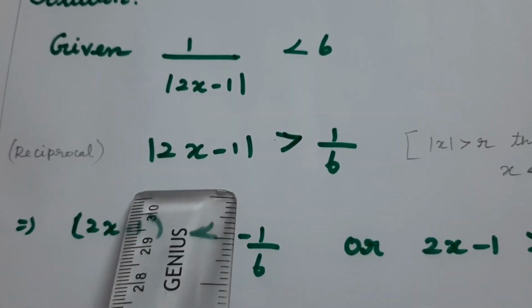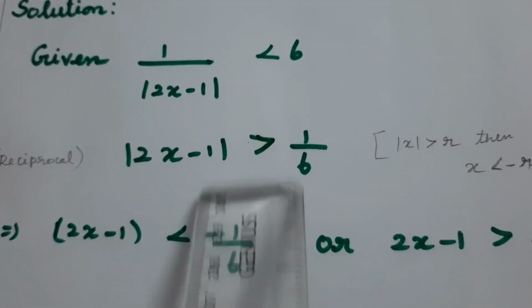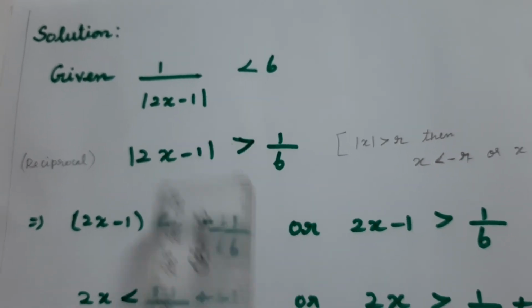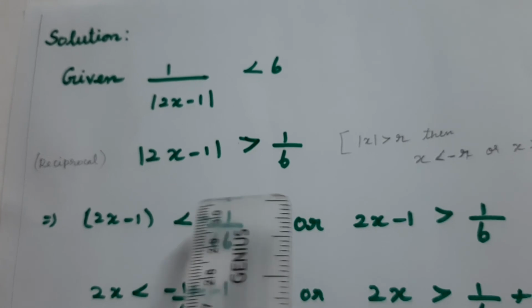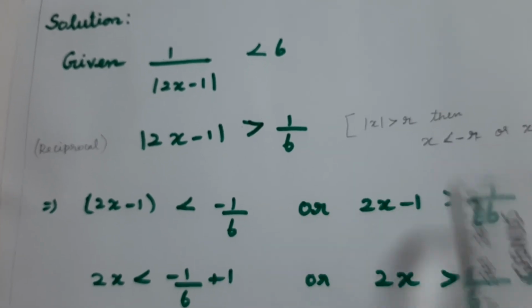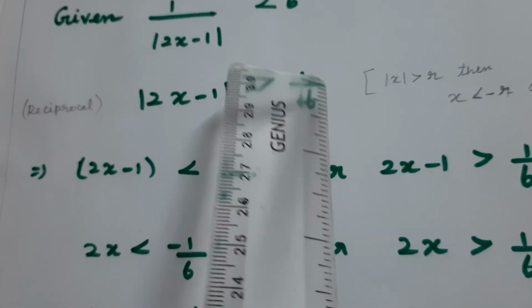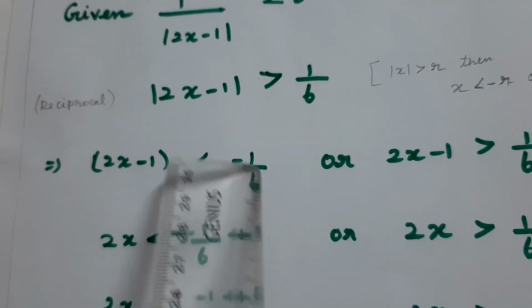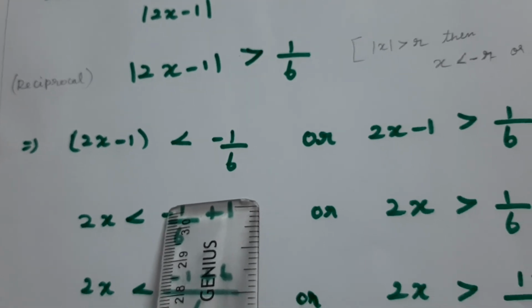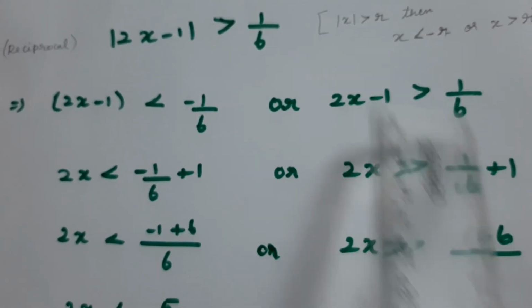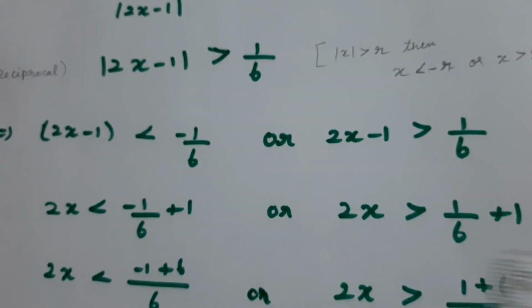So in the second property you know that modulus of x greater than r means x less than minus r or x greater than plus r. So 2x minus 1 is less than, in the place of r you have 1 by 6, minus 1 by 6, or 2x minus 1 is greater than plus r, that is 1 by 6 itself.